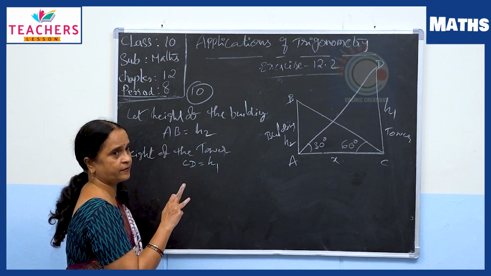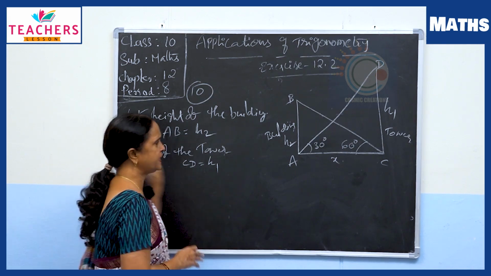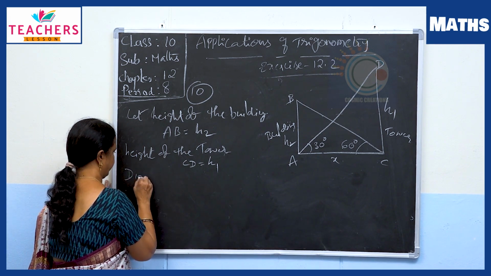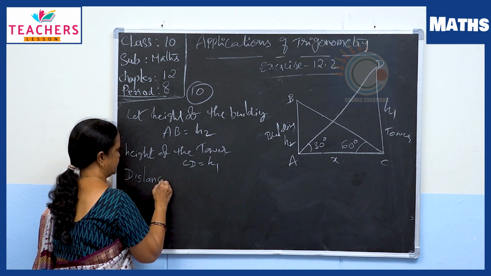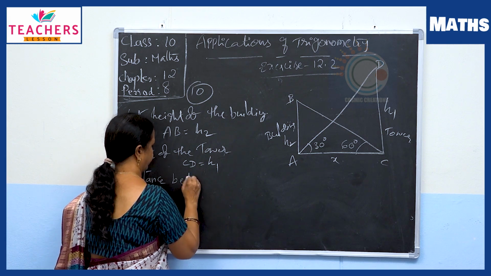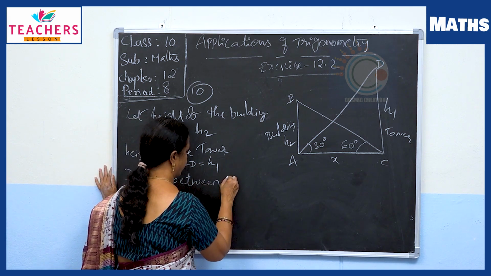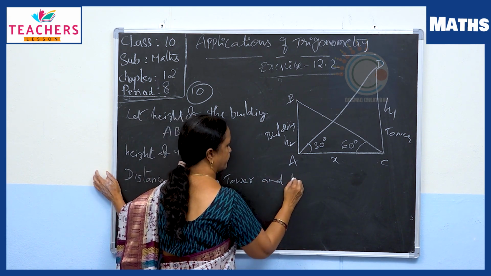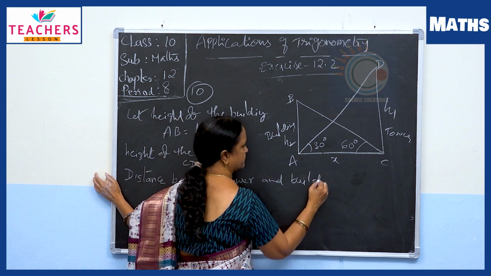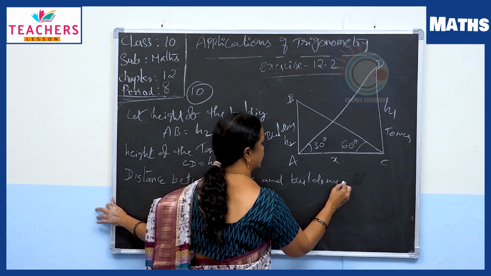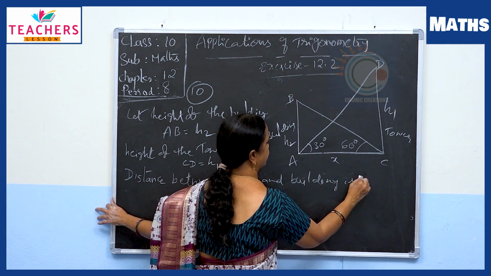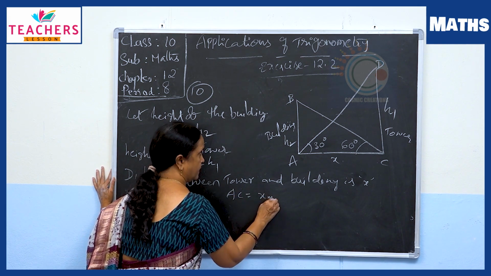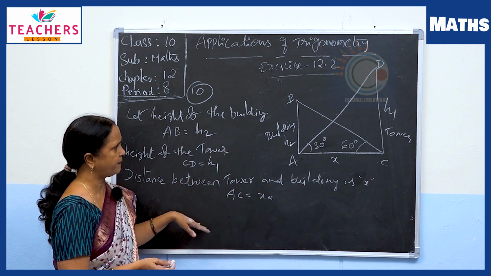Two triangles are there. Distance between A and C, tower and building, is X. That is, AC is equal to X meters.